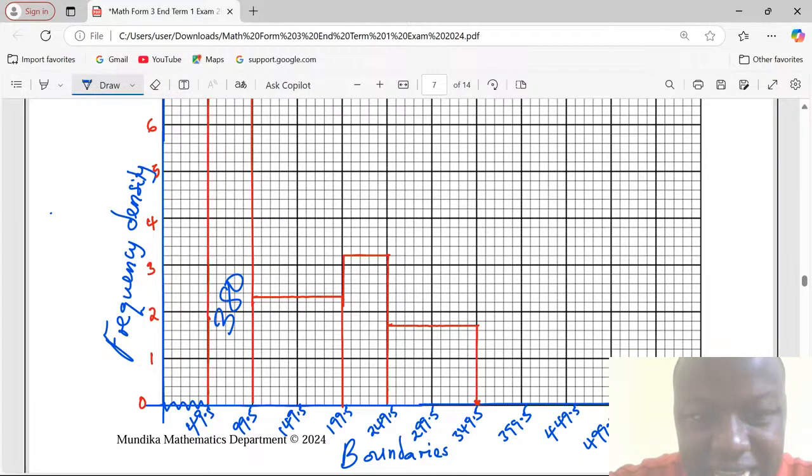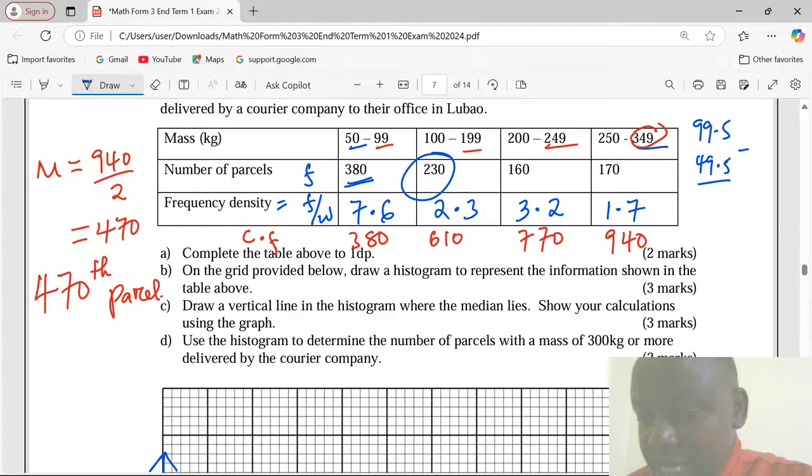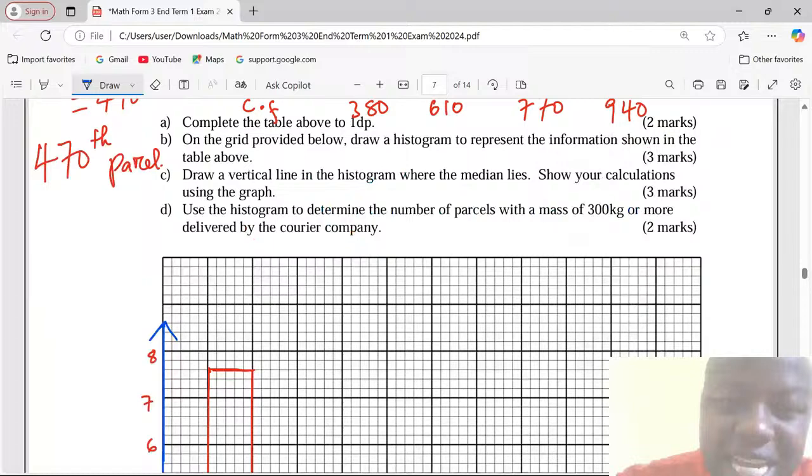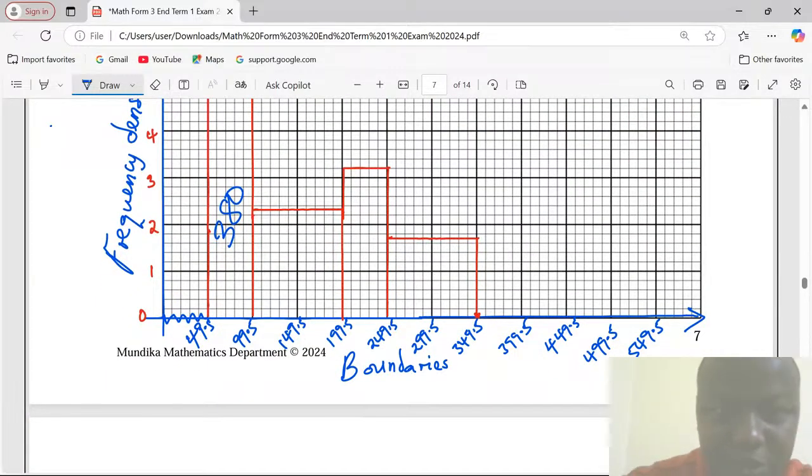In the next class, we have 230. But do we really need 230? No. We need the number that when added to 380, we get 470. So 470 minus 380 gives 90. So we only need 90 parcels in the second class.